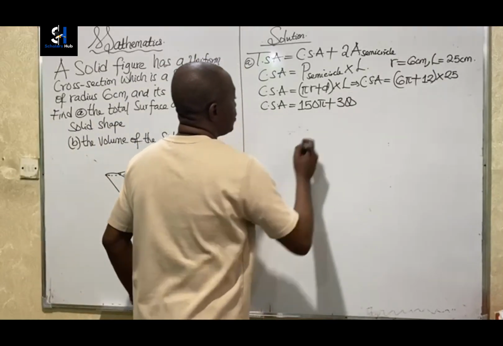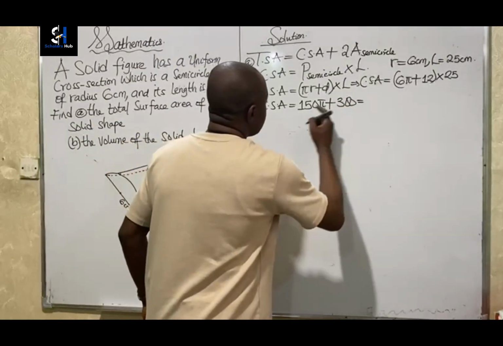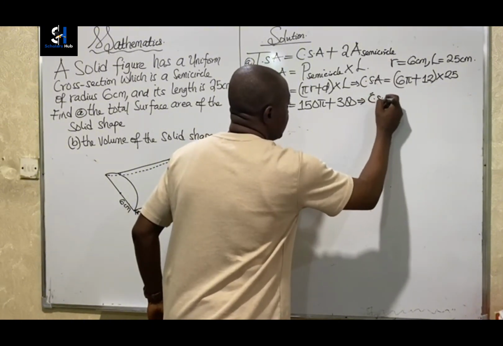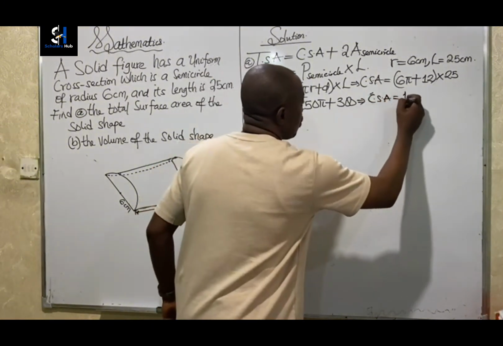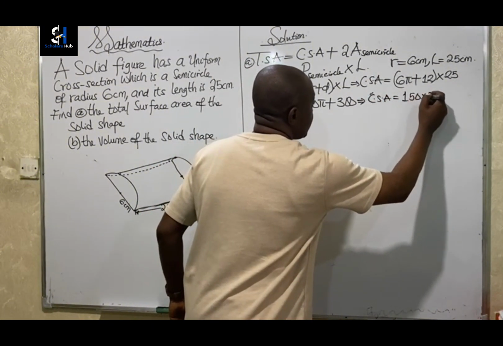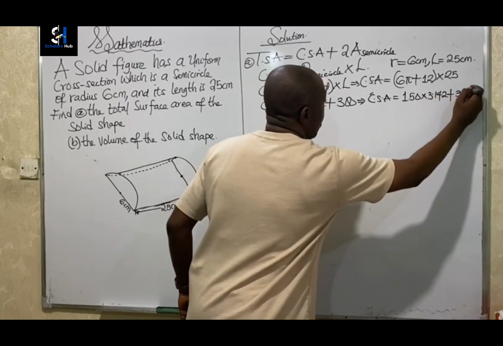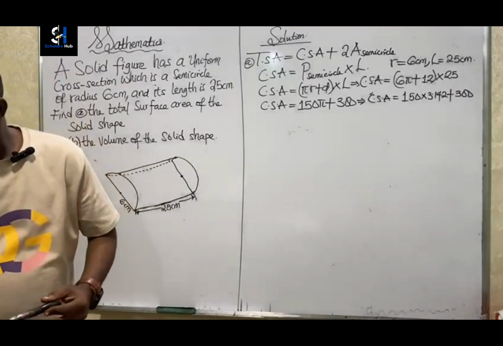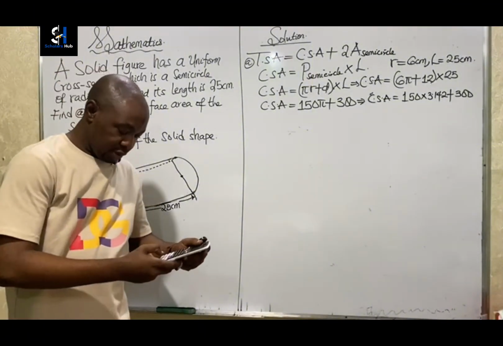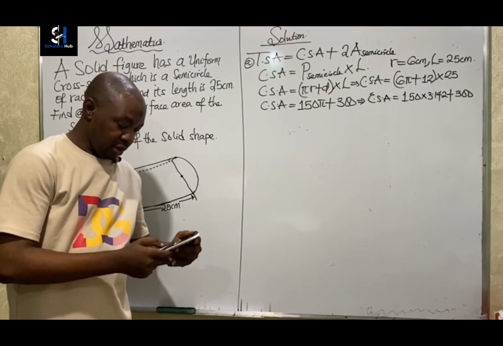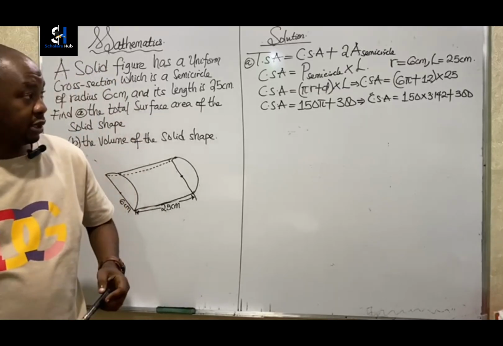So the curved surface area equals 150 times 3.142 plus 300. 150 times 3.142 is 471.3.